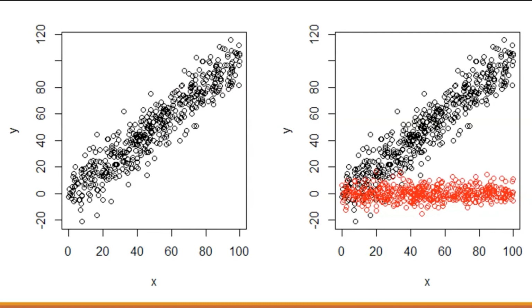But if we're trying to limit the depth of our trees, we're going to put a lot of emphasis on the difference between these two groups, and then maybe break down group 2 up here into a couple of nodes and sort of underspecify the clear relationship between the response and the predictor within that particular group.